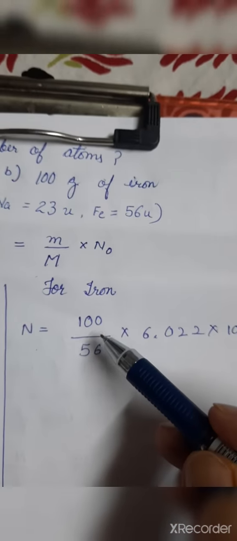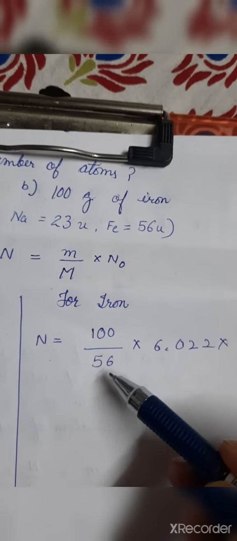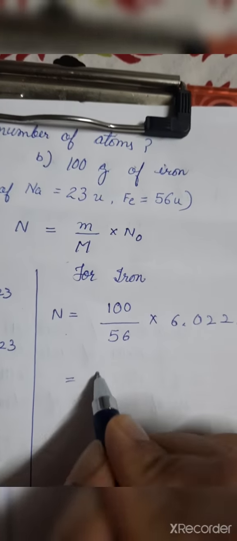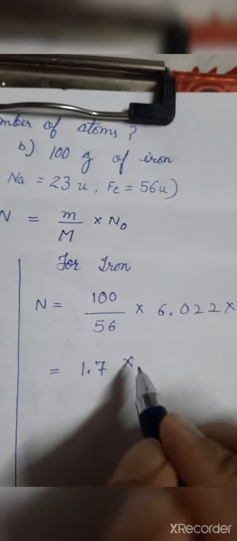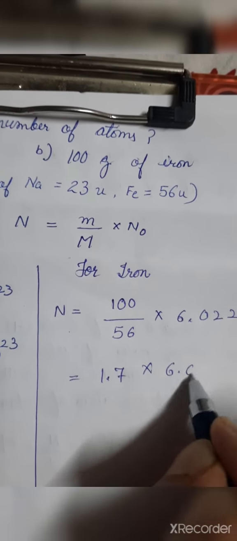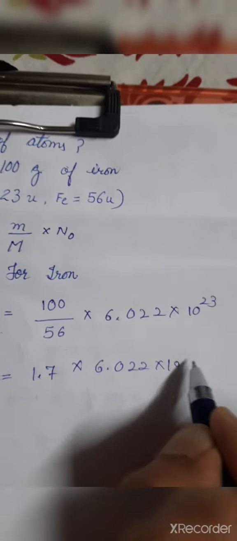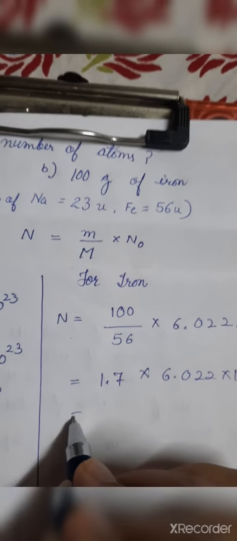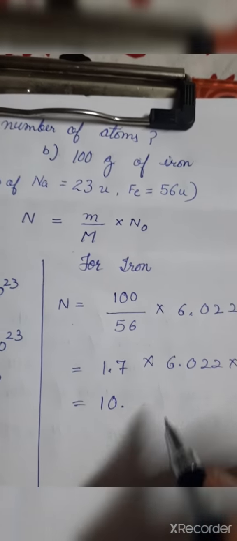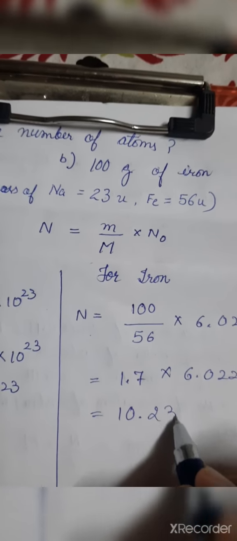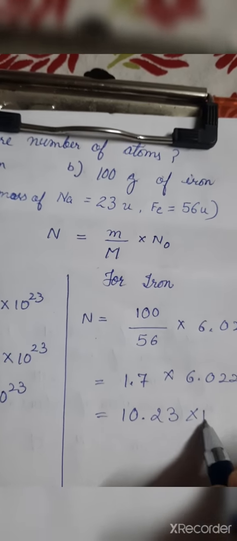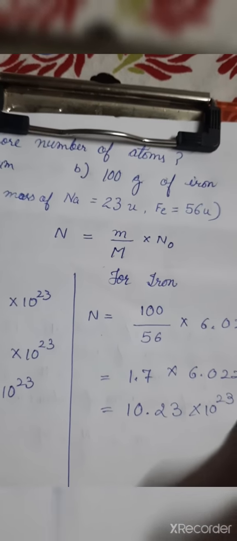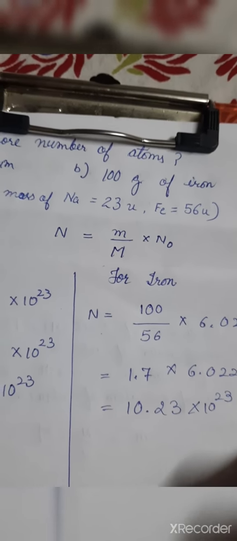When we divide 100 by 56, it will be 1.7 into 6.022 into 10 raised to power 23. After multiplication, number is approximately 10.23 into 10 raised to power 23 atoms of iron.